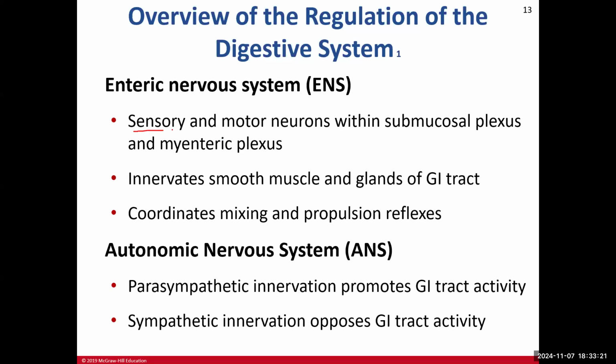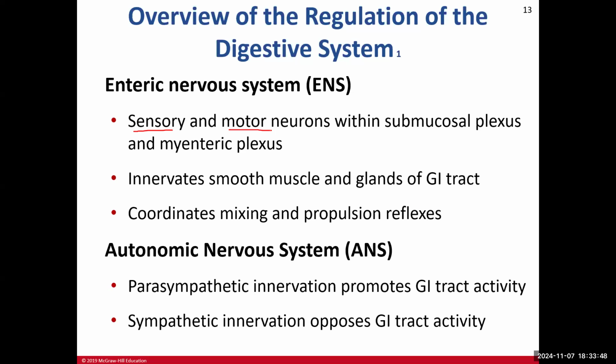We're going to have a sensory portion and a motor portion, and those are going to stimulate the smooth muscles locally and the glands locally to do what they do. Glands secrete, muscles move. Basically that's going to help with the mechanical and chemical digestion process. So we're going to mix and move.